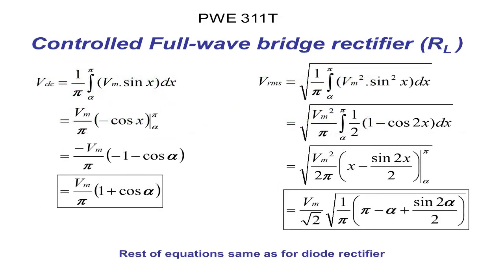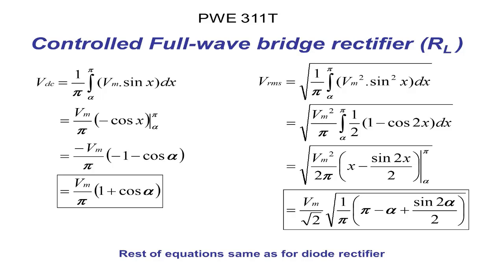If you check here, this is for normal resistive load, where VDC is Vm over pi into 1 plus cos alpha. And also VRMS is Vm over 2 pi, over the square root of 2 multiplied by the root of 1 over pi into pi minus alpha plus sine 2 alpha over 2.